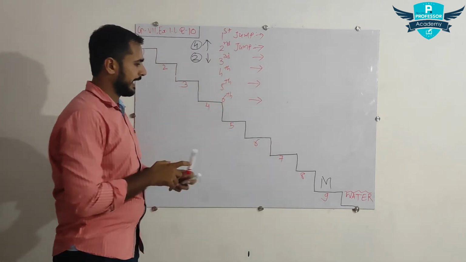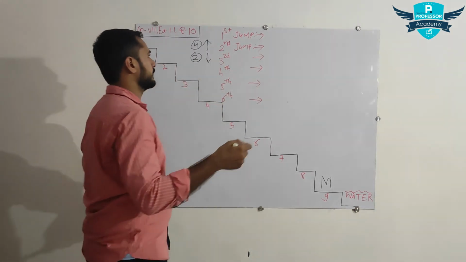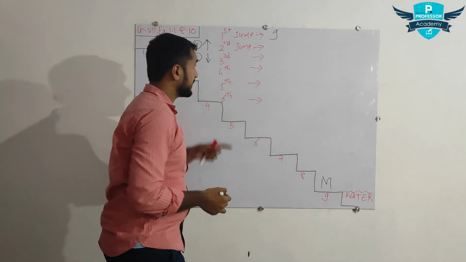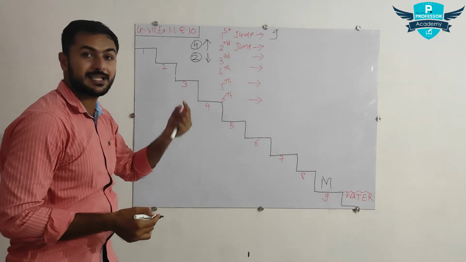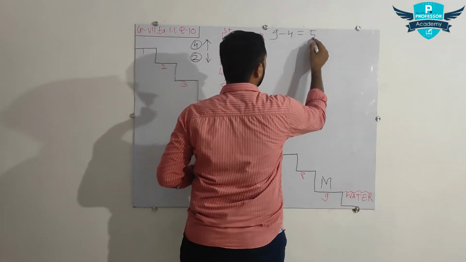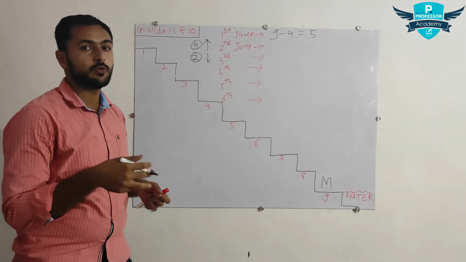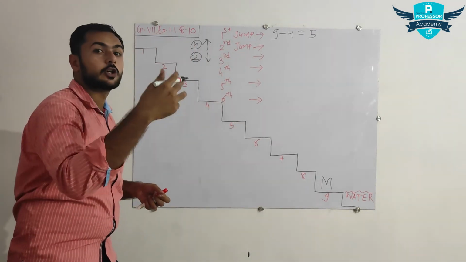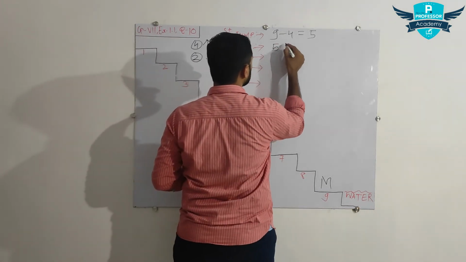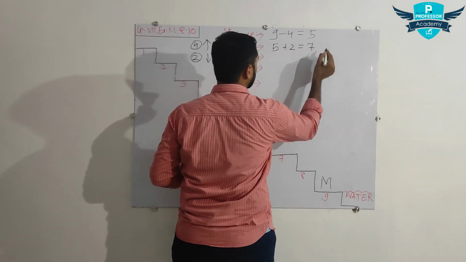Let's do that. Right now the monkey is on the ninth step. He goes upwards. How many steps? 4 steps upwards. It means we will subtract that. So 9 minus 4, that is 5. Now what will the monkey do? He will go 2 steps downwards. It means we will add: 5 plus 2, that is 7.